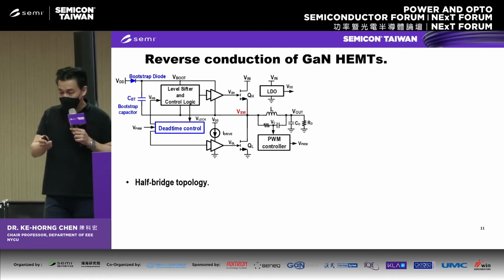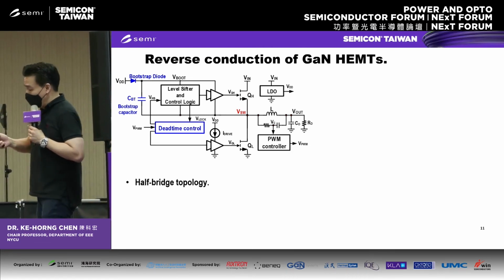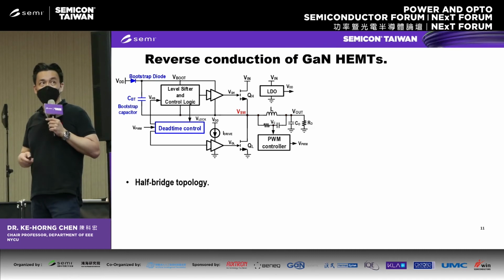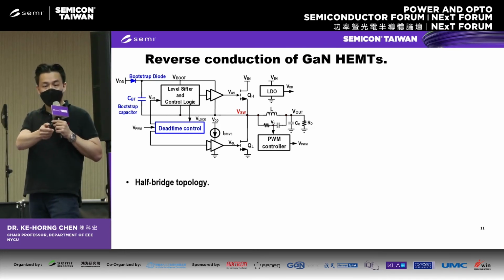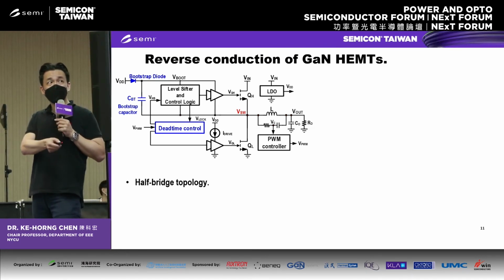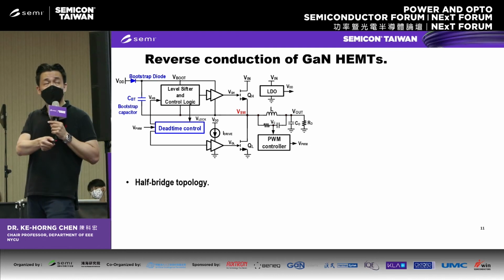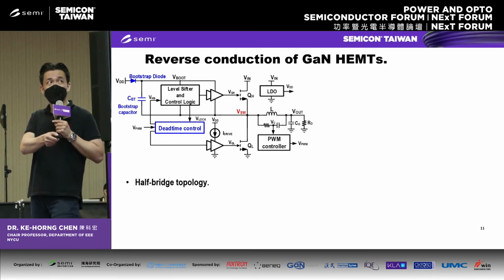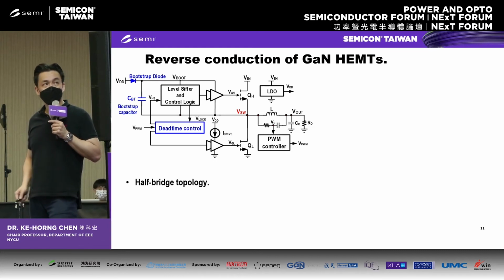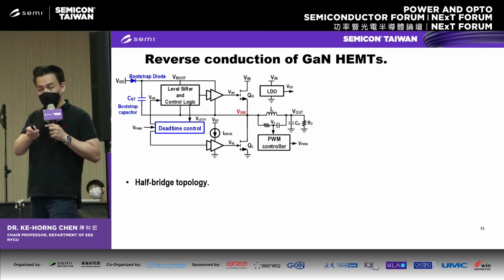So let me show you another drawback GaN has, that is reverse conduction. Everyone knows that for a MOSFET, if the reverse conduction occurs, it will cause the voltage at VSW to be minus 0.6 volt.